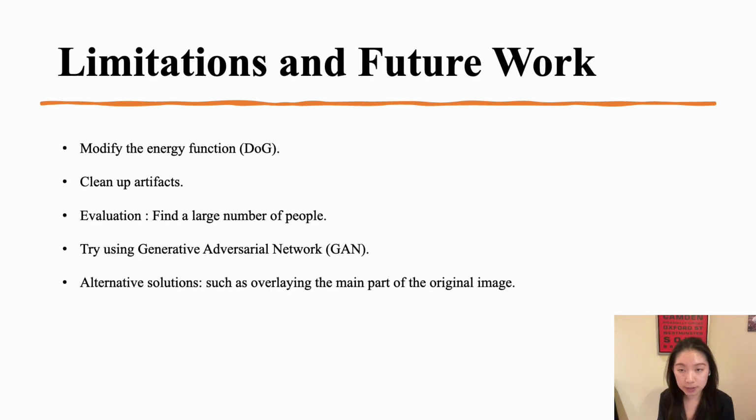For the limitations and future work, there are some parts of the project that need to be improved. I didn't get a good energy image by using the DOG method, so this is something that needs to be modified. And in the restoration section, I will find a better function to clean up artifacts. I will experiment with a large number of real people during the evaluation phase, and it will make the results more realistic.